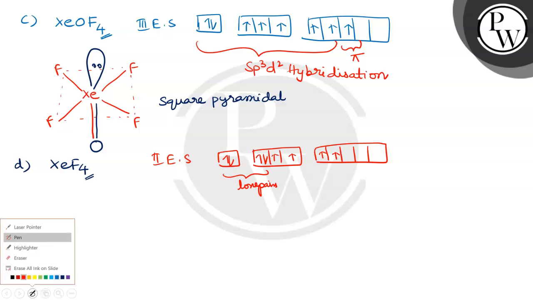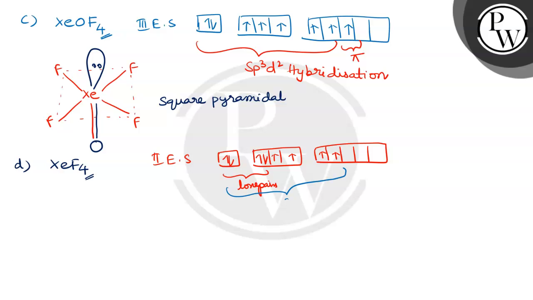Now it undergoes sp3d2 hybridization. There is no oxygen, no pi bonds, no need to leave the d orbitals for pi bond. Only oxygen forms pi bond, not fluorine. Here sp3d2 hybridization. sp3d2 means we are expecting an octahedral shape, but due to the presence of 2 lone pairs, the shape is deviated. Let us see this.